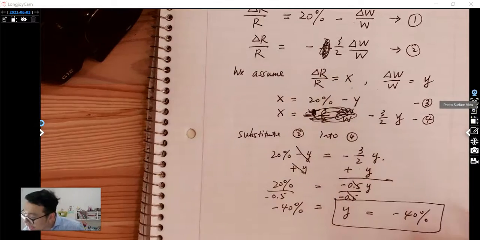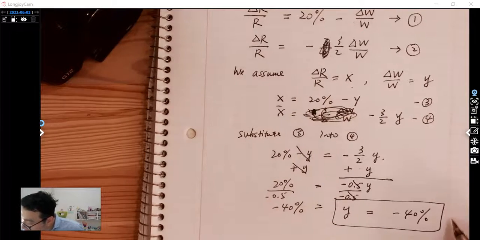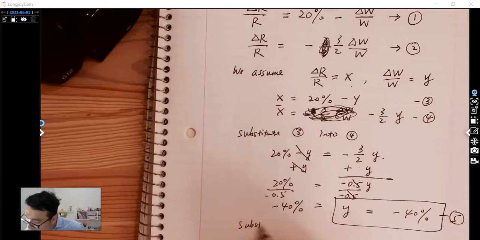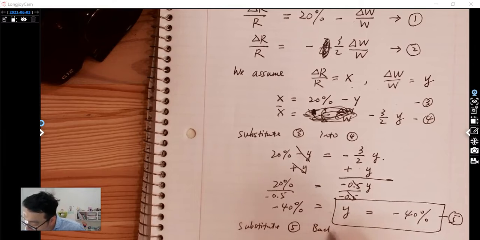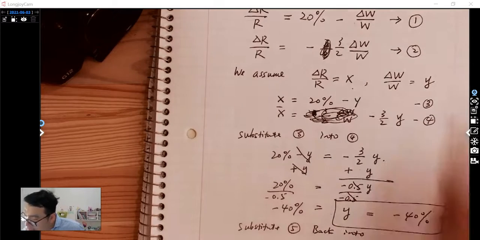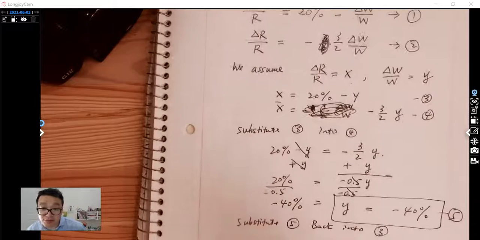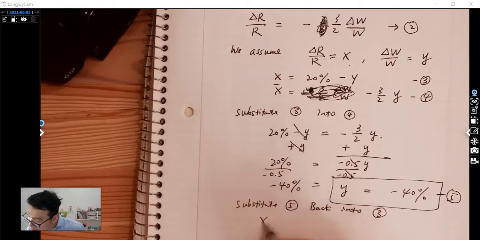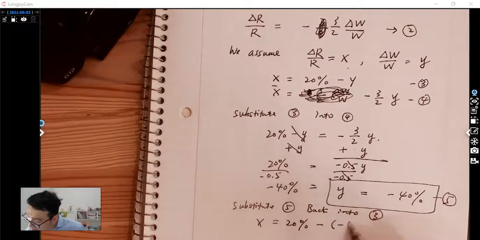And how about X? So we can call this number 5. We can substitute 5 back into either 3 or 4. So let's substitute into 3. So X will be 20% minus Y, which is negative 40%.